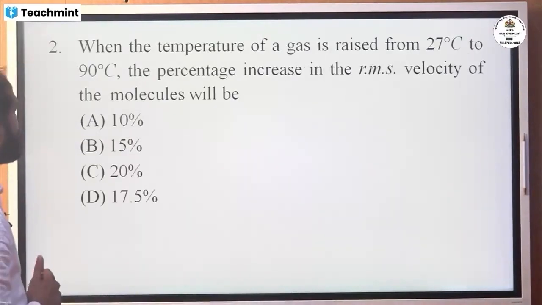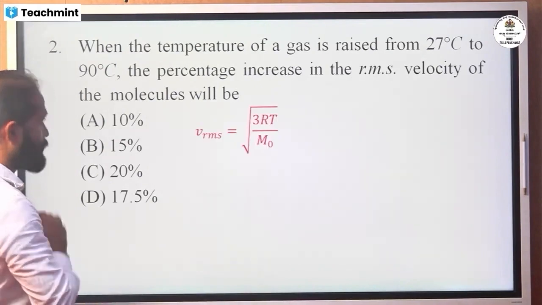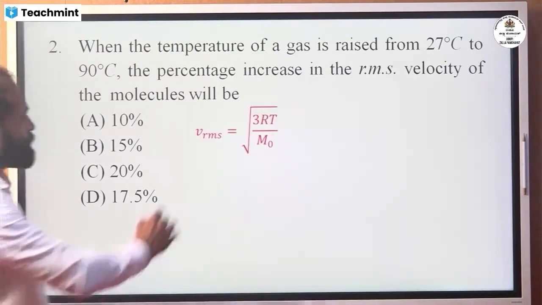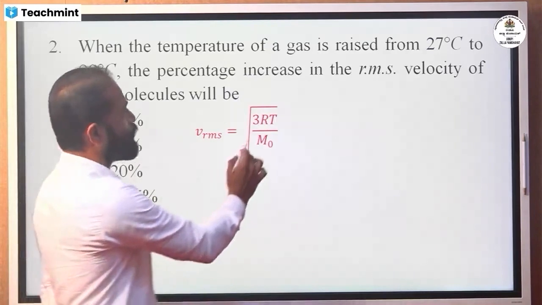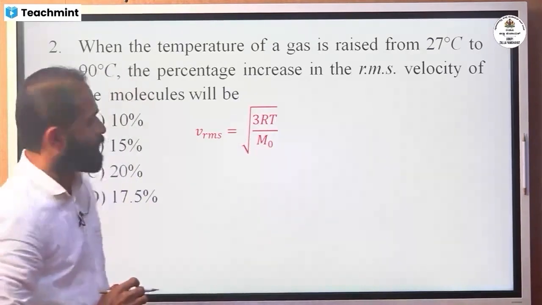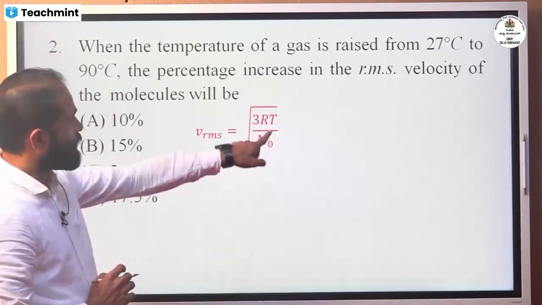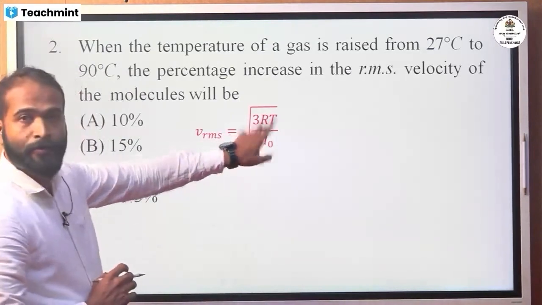The next question says: when the temperature of a gas is raised from 27 degrees Celsius to 90 degrees Celsius, the percentage increase in the RMS velocity of the molecules will be. Let's find the formula for RMS velocity. RMS velocity is the root of 3RT divided by M0, where M0 is the molar mass, T is the temperature and R is the universal gas constant.